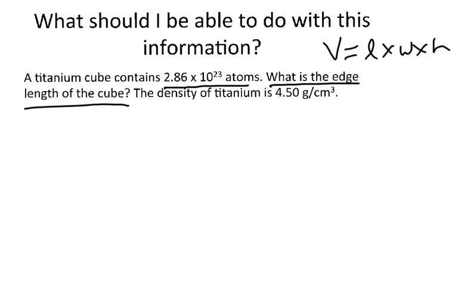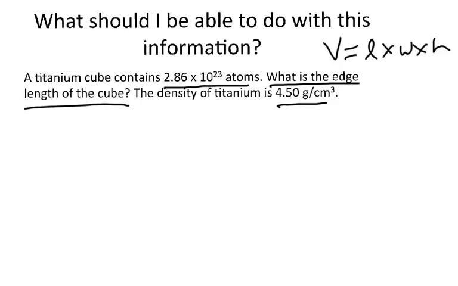So we're having to go from atoms to volume. And we're given the density, so we are going to be able to use density as a conversion factor for this. But we need to think about how we can relate atoms to grams. Well, we can relate atoms to grams through the molar mass of titanium.